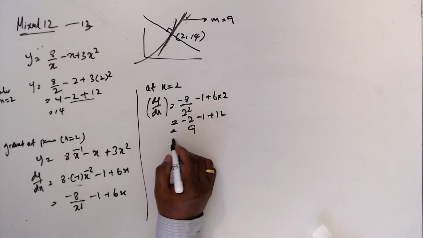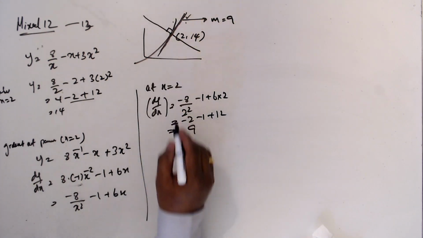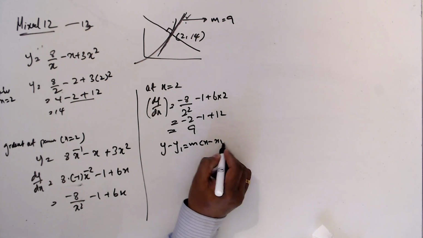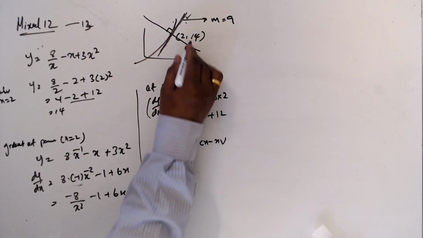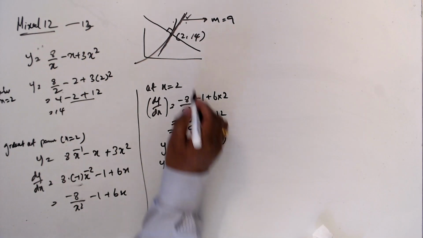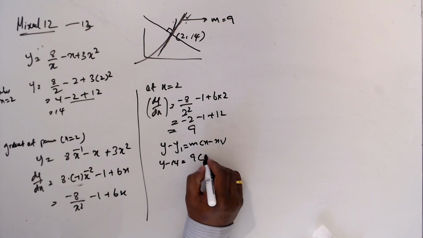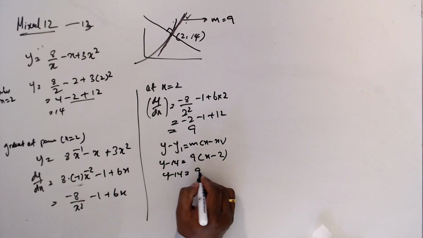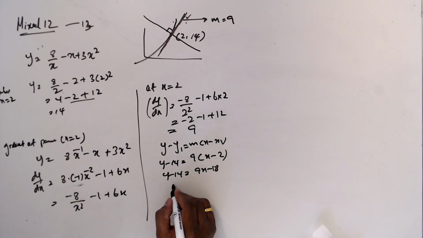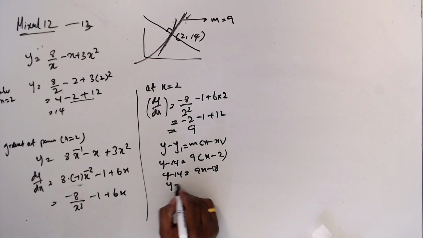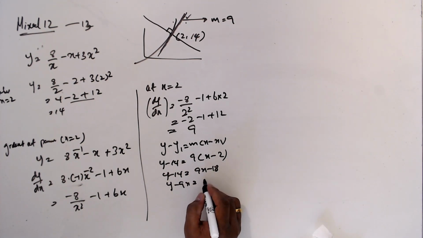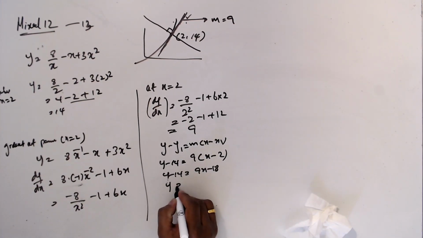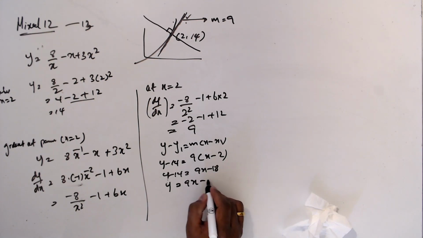Now we have the gradient and the point. Then tangent is y minus y1 equal m times x minus x1. Y minus y1 is 14, m is 9, times x minus 2. So y minus 14, this is 9x minus 18. Y minus 9x equal, if you want to keep y equal mx plus c form, y equal 9x minus 4.